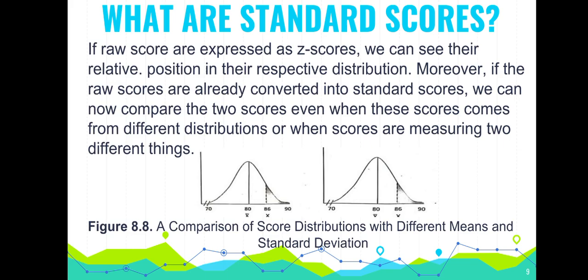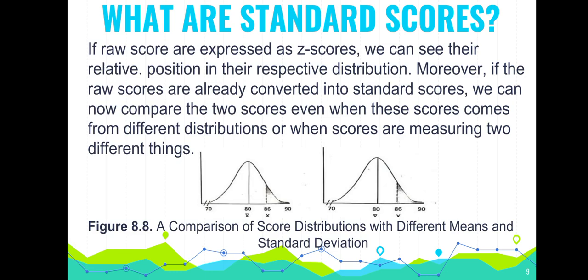So if raw scores are expressed as z-scores, we can see their relative position in their respective distribution. Moreover, if the raw scores are already converted into standard scores, we can now compare the two scores even when the scores come from different distributions or when scores are measuring two different things.